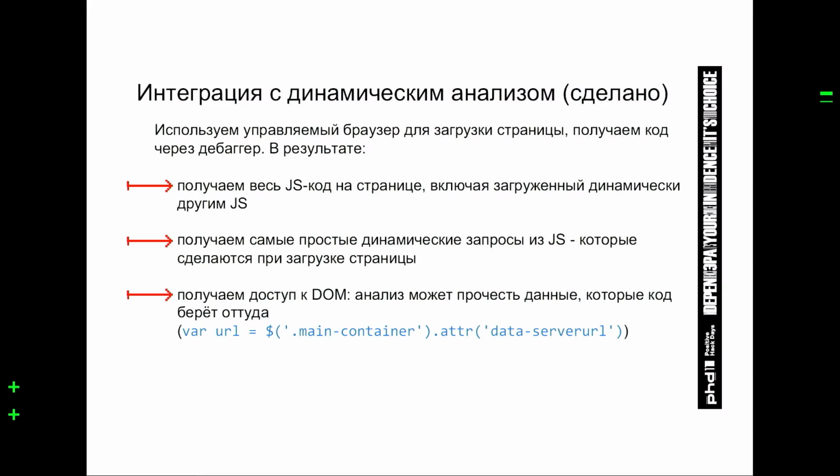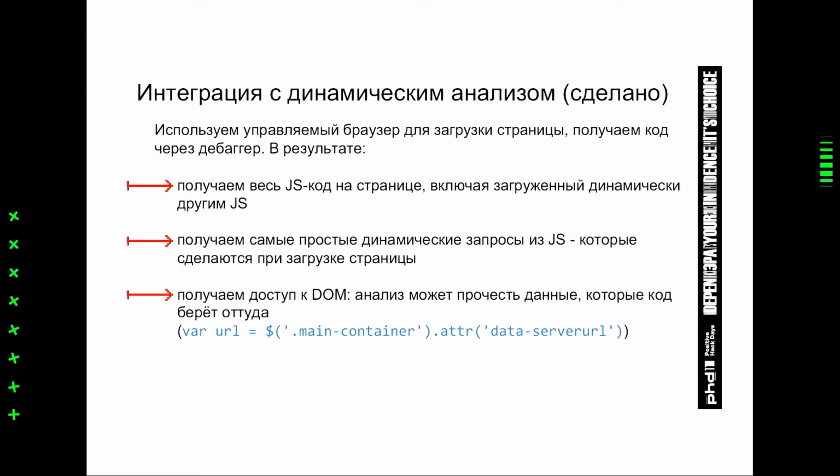One other solution would be to go hybrid, to combine the static and the dynamic analysis. I mentioned already that purely DAST is not something that is good for us because it cannot analyze that code, but at least it can hint to the static analysis. So we can take a real browser and download the page in real.